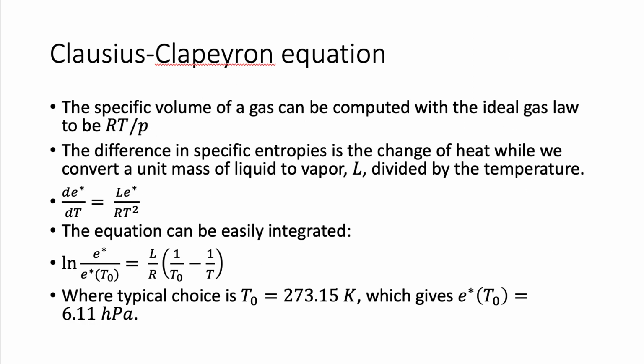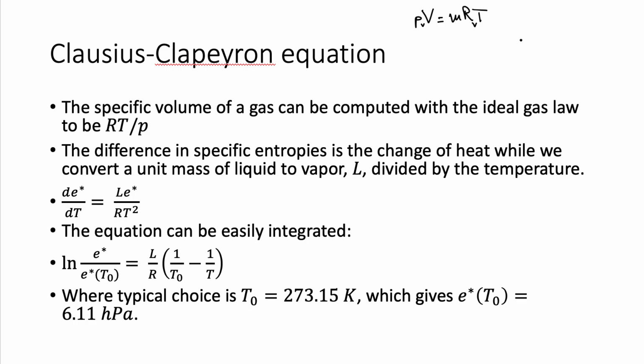Yes, because the specific volume of a gas is related to the ideal gas law. So PV equals mRT. Remember, we're talking about the vapor here, so this P is e, and particularly this is e star.